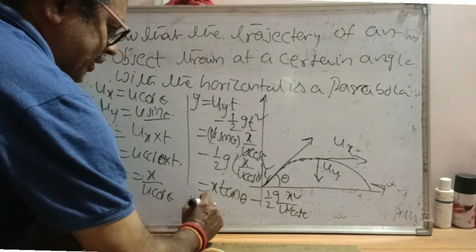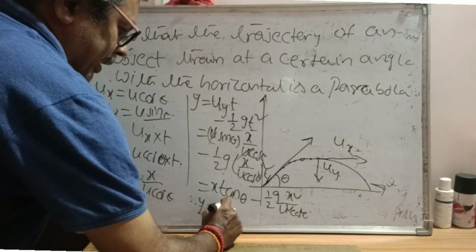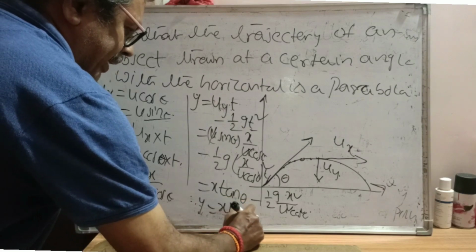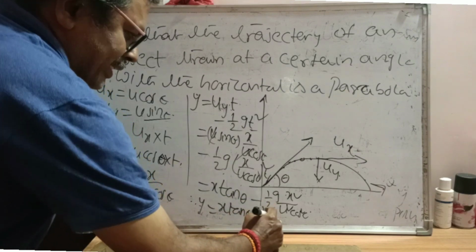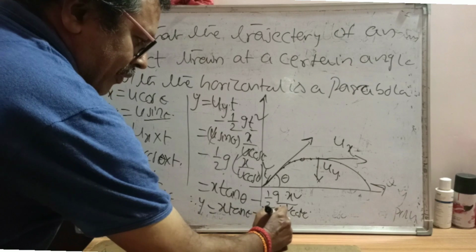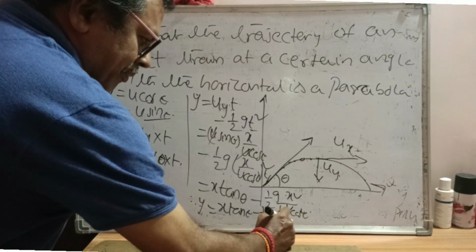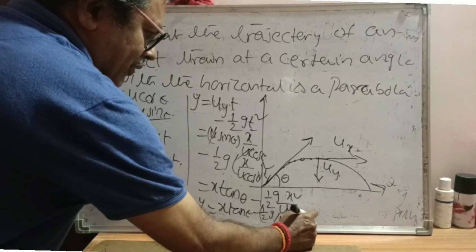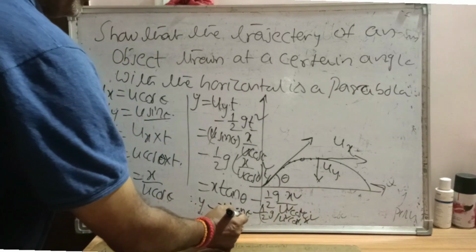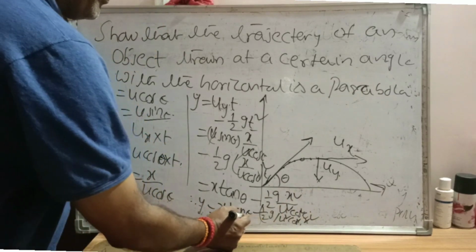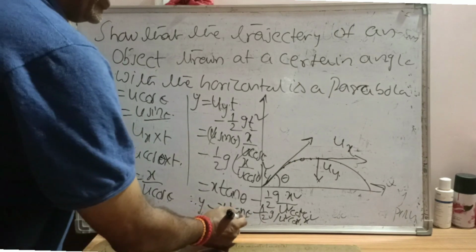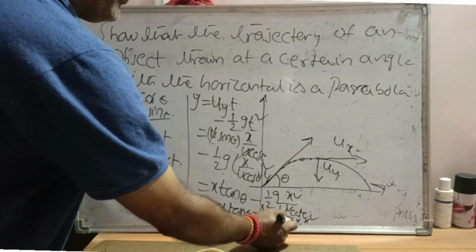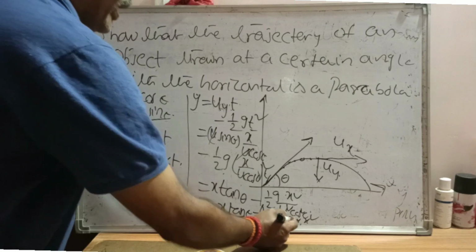So therefore y is equal to x tan theta minus, let us rearrange this equation in the form of 1 by 2 g by u square cos square theta into x square. Here let us consider tan theta to be a, and g by 2 u square cos square theta to be b.